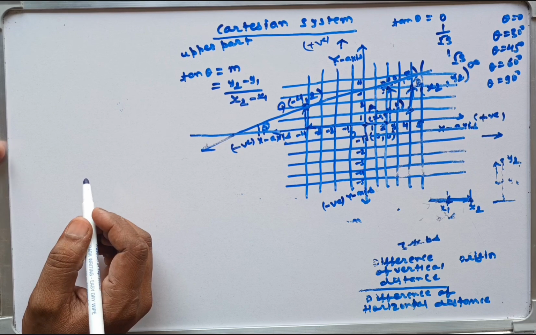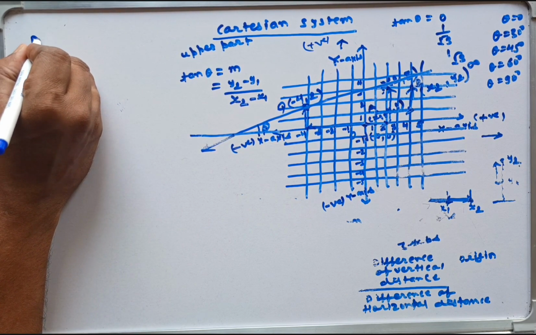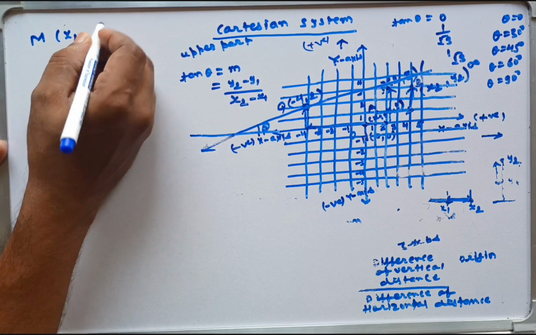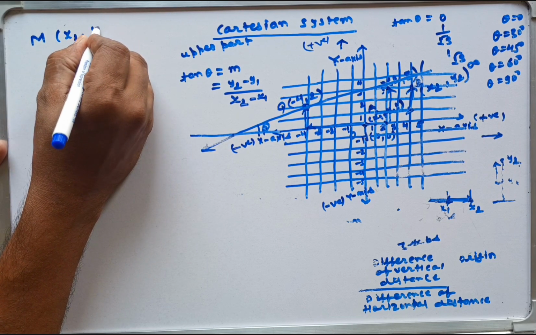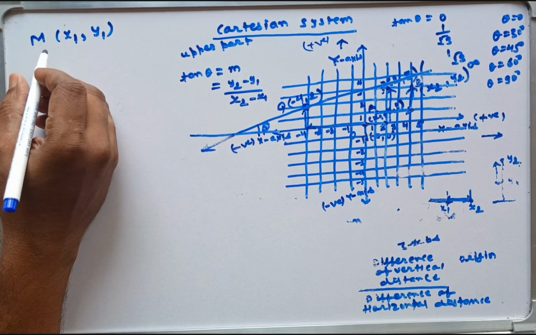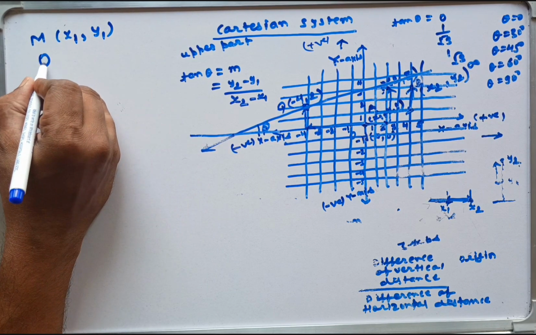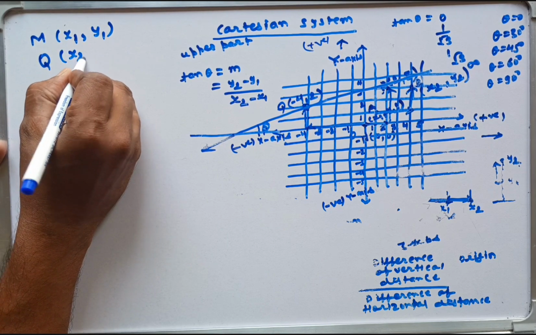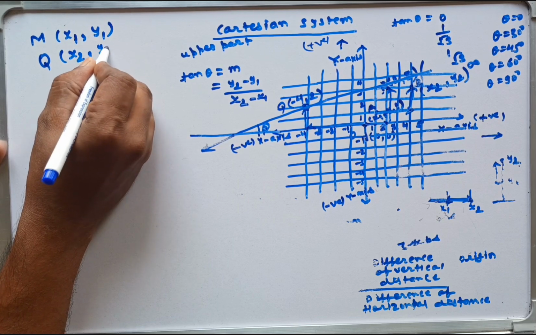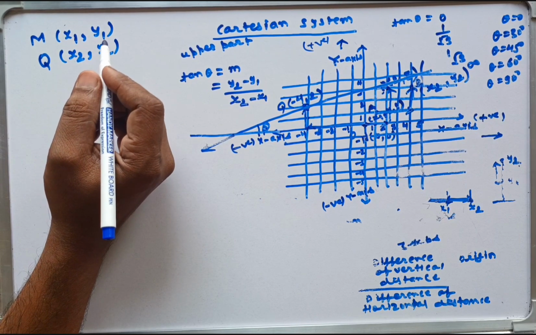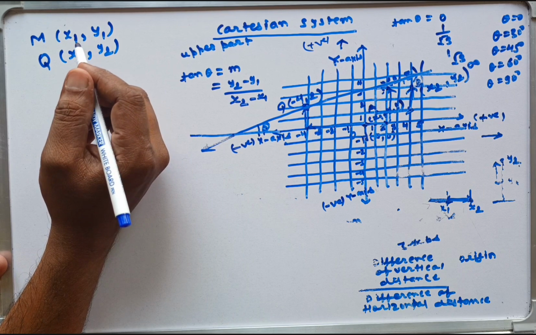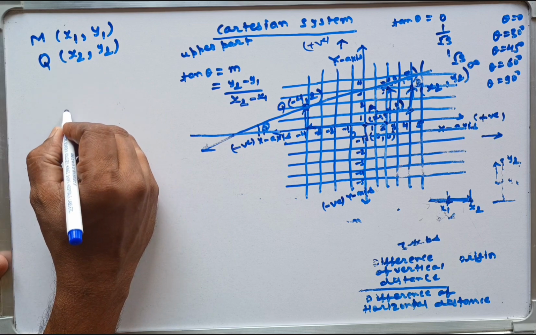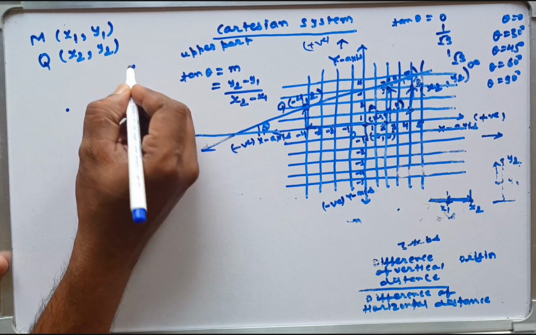Suppose point M has coordinates x1 and y1, and point Q has coordinates x2, y2. Then you know a straight line can always pass through two points.